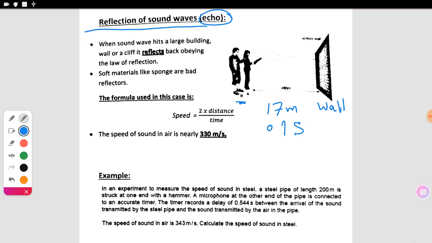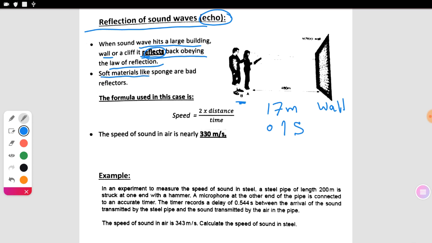When a sound wave hits a large building or wall, the sound reflects back, obeying the law of reflection. What is the law of reflection? The angle of incidence equals the angle of reflection.